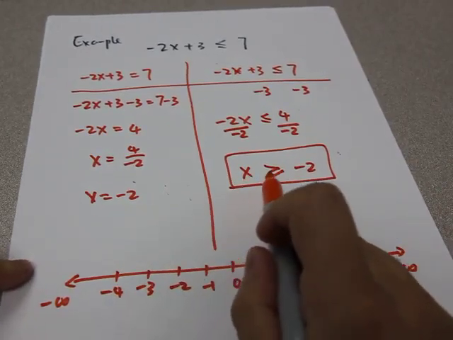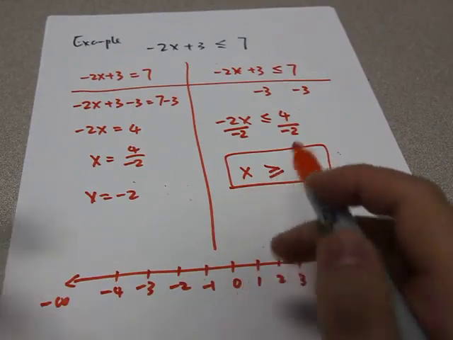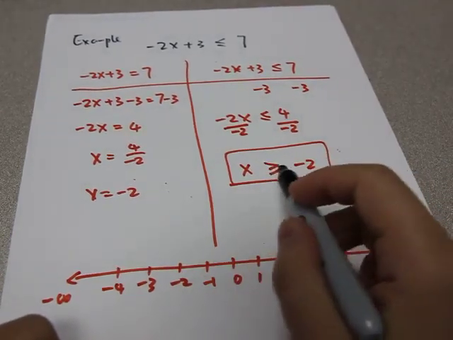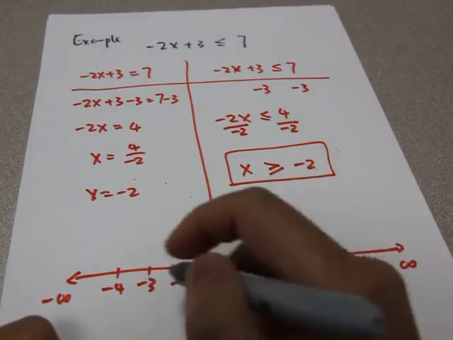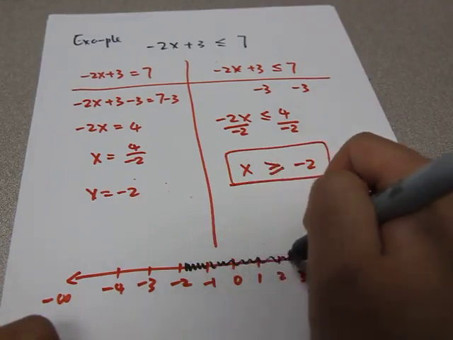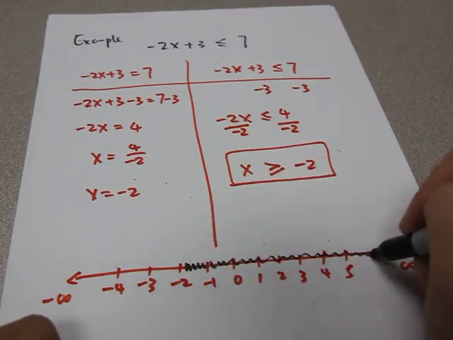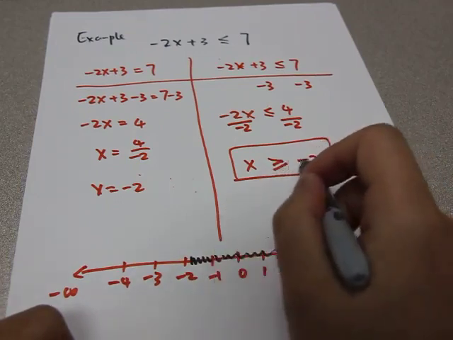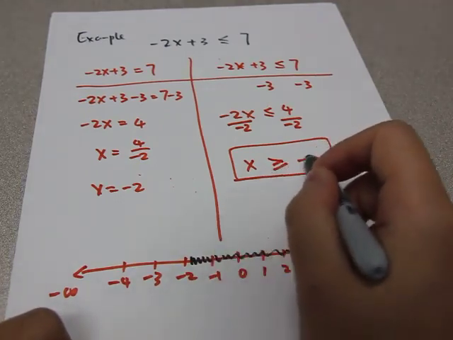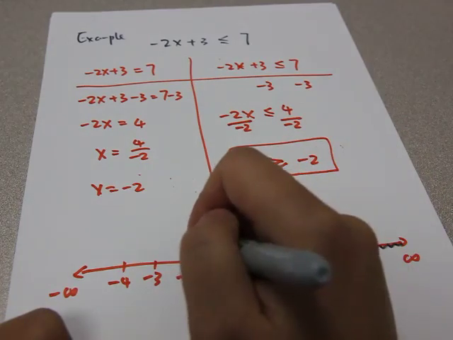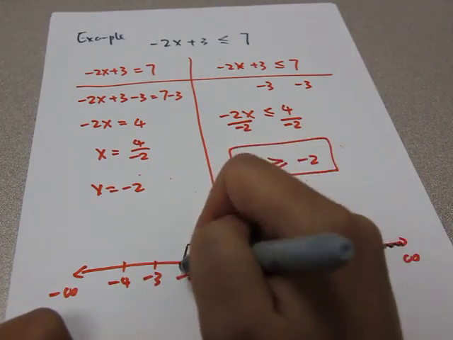Because x is greater than or equal to negative 2, the solutions are the numbers bigger than negative 2. So we cover all the way from negative 2 up to infinity. And because negative 2 is included, over here we use a bracket.